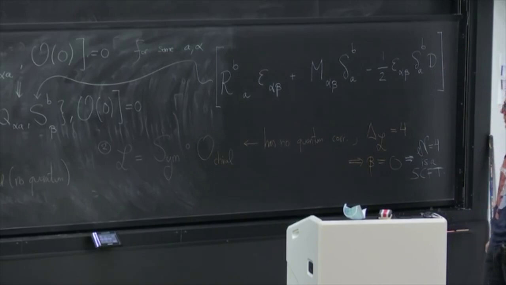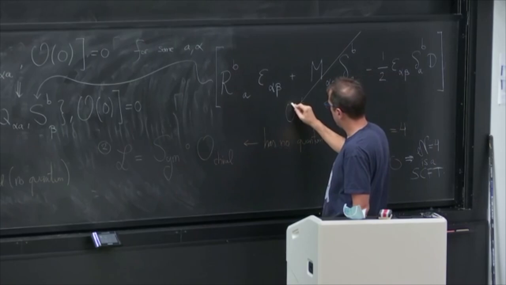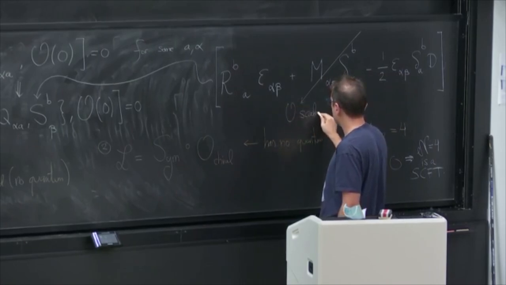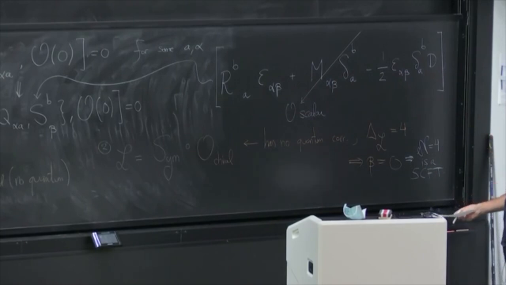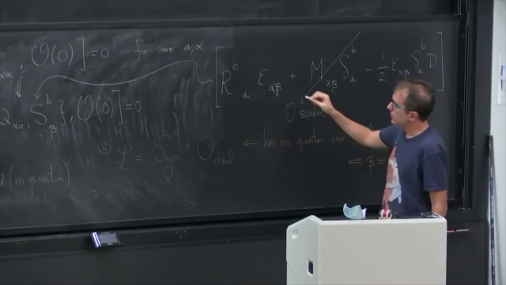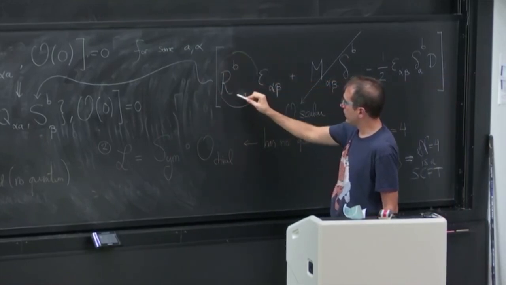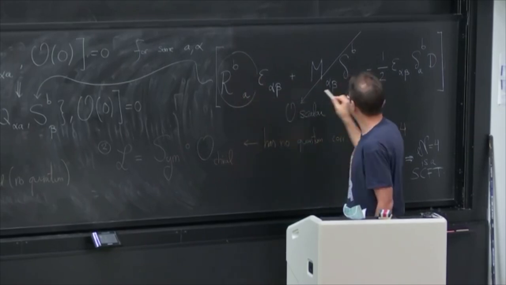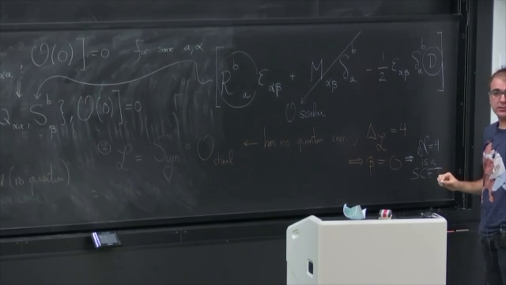But that's the algebra. Now this guy we can ignore if we consider O to be a scalar. Then rotations are irrelevant. And then what we get is that the R rotation acting on my operator needs to be equal to the dimension acting on my operator.